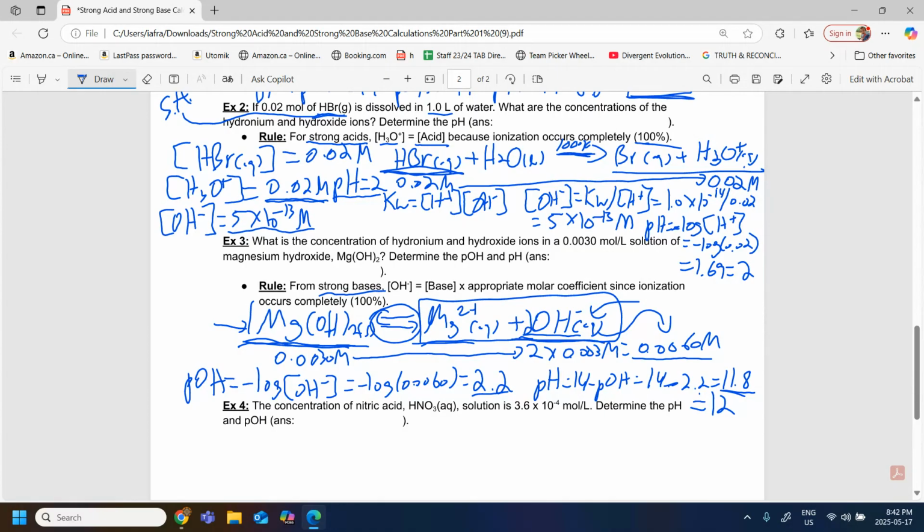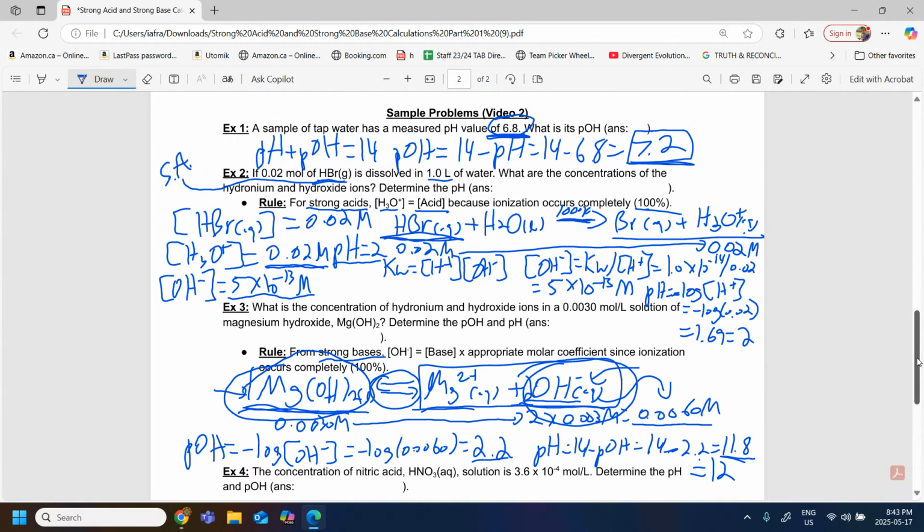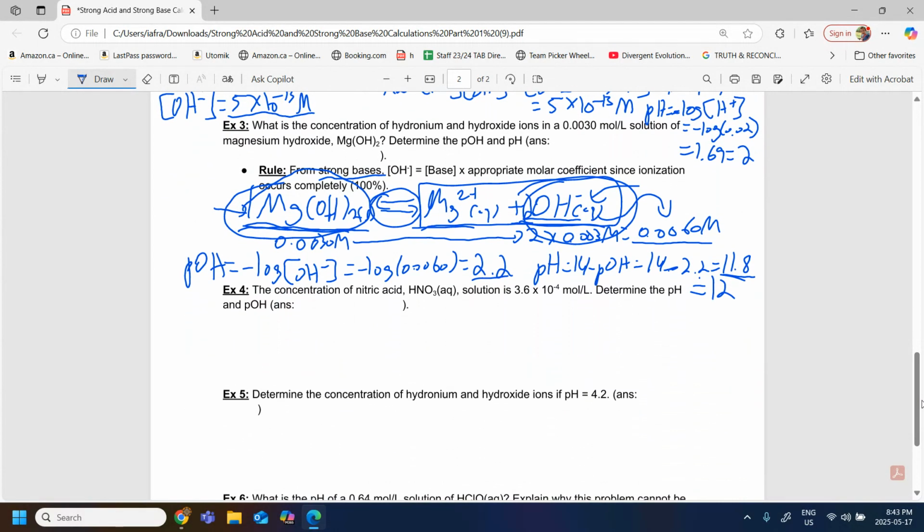And so when you have a strong base, if you have the concentration of that base, it's simply the concentration of the OH as well, multiplied by that coefficient. Sometimes it's 1 to 1, sometimes it's 1 to 2, 1 to 3. It depends on what you have there. But that's why it's important to memorize your strong bases and your weak acids and your strong acids, because that will affect the way you approach these calculations.